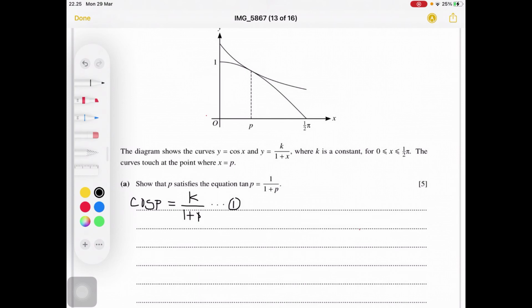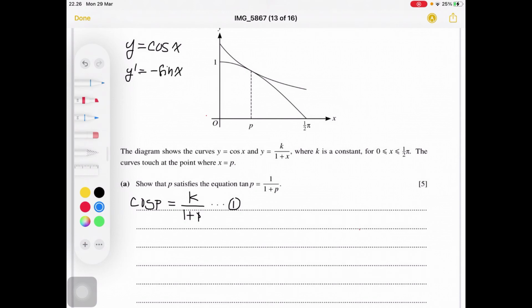And then they also have the same tangent. The gradient of the tangent for the first curve y is equal to cos x. The gradient is y prime is equal to negative sine x.